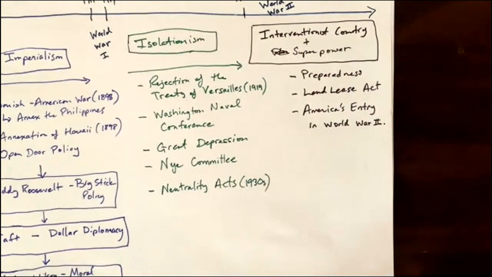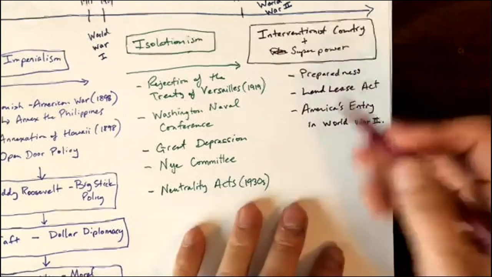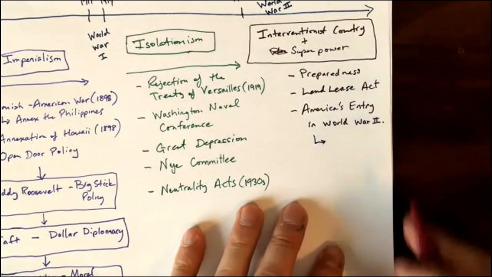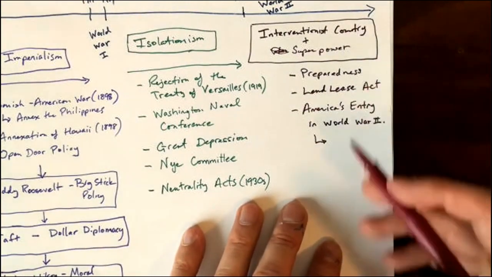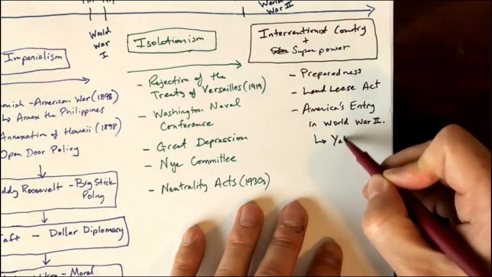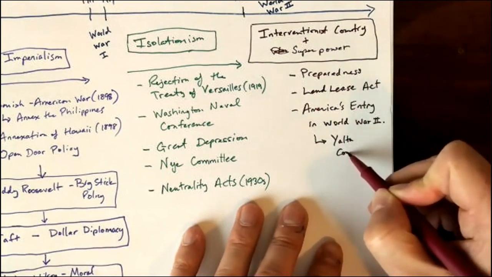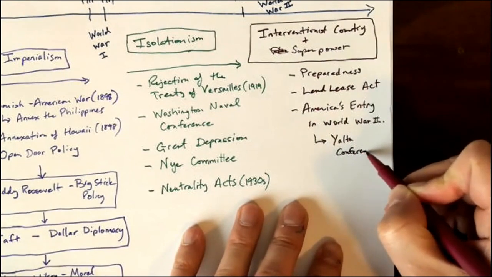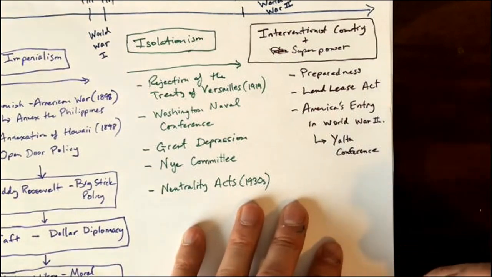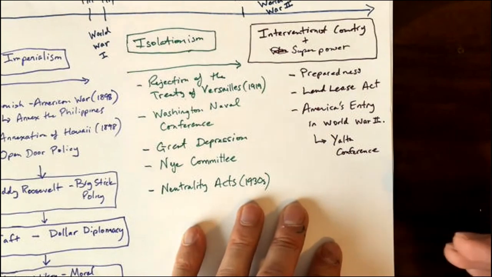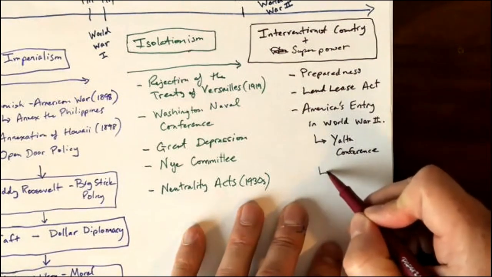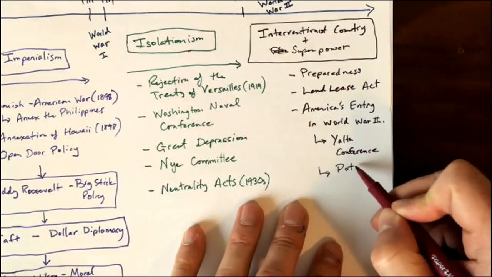We can see America taking a more active role from that point on, especially towards the end of the war when you start to get into the conferences like the Yalta Conference, where the major powers, the United States, Great Britain, and the Soviet Union, start to dictate what the post-war world will look like, and the same thing at Potsdam.